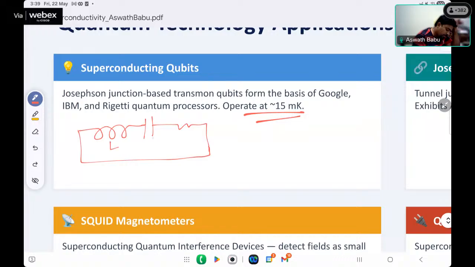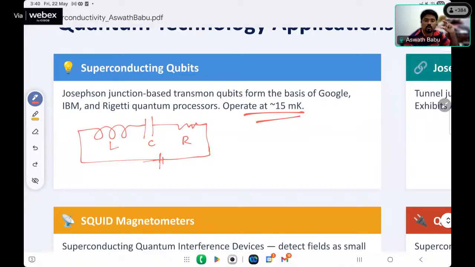Okay, so LCR. If I have some kind of a power supply, I can create an oscillator of energy. So what is this oscillator of energy which oscillates between the capacitor?